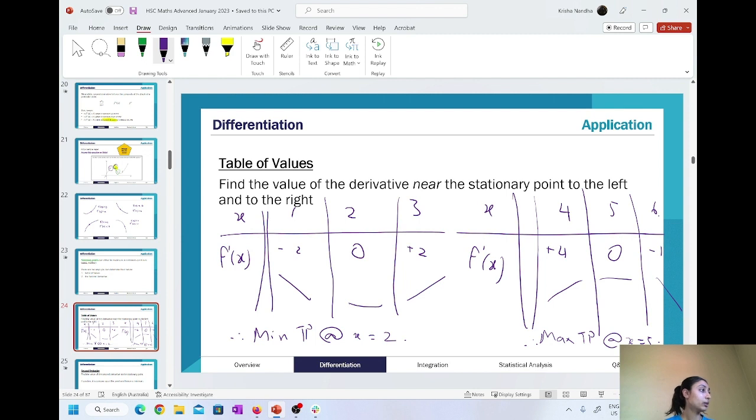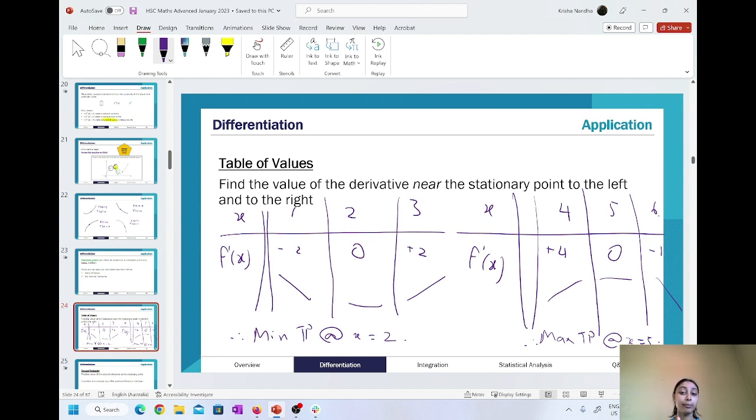When drawing a table of values, which values should you choose? How close to the number you're testing do they have to be? Ideally, the closer the better. Especially if it's a really simple curve that's only got one stationary point, sure, you can do what I've done, one number to the left, one number to the right.